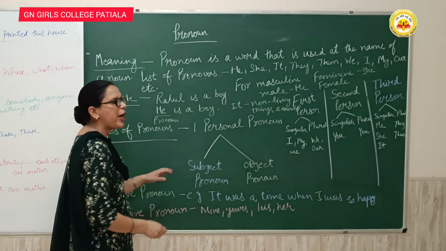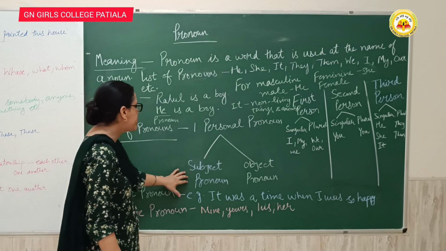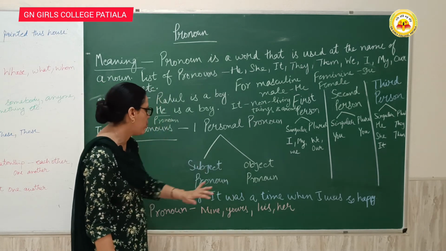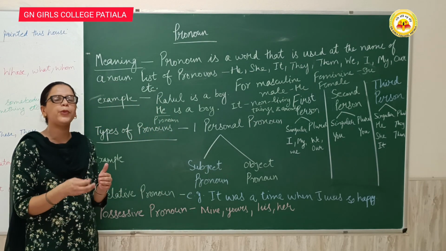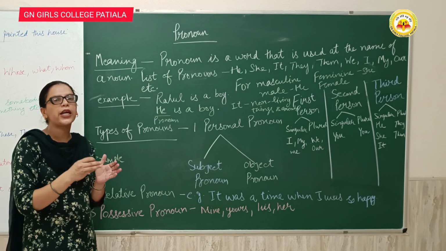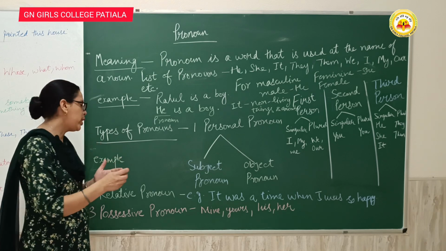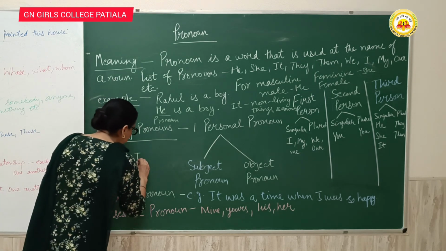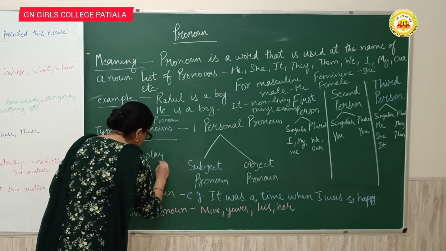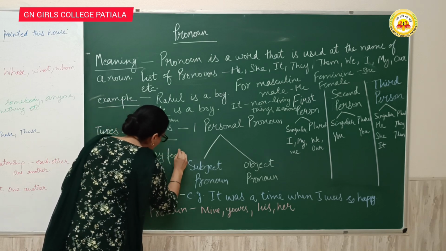Personal pronoun is divided into two parts, subject pronoun and object pronoun. A subject pronoun is a pronoun where the subject is a pronoun, like I play football.